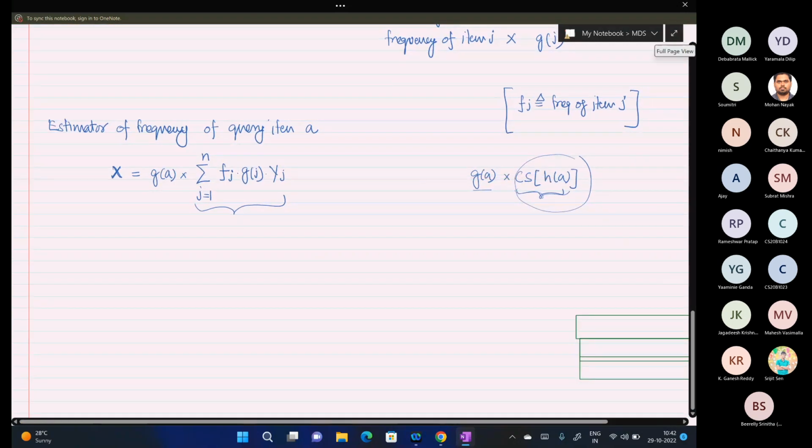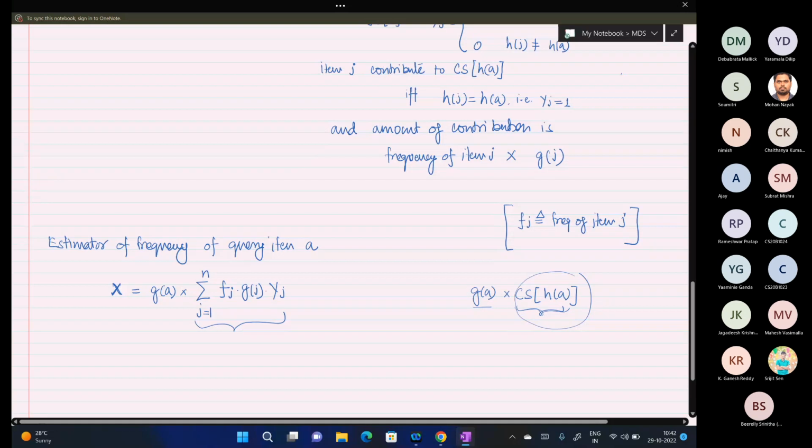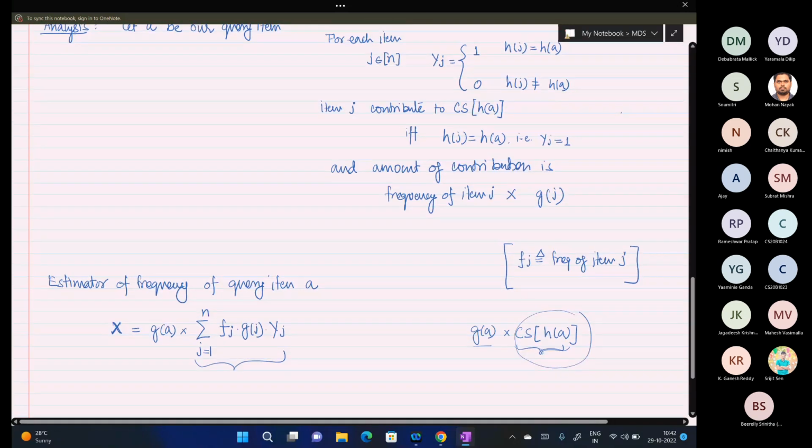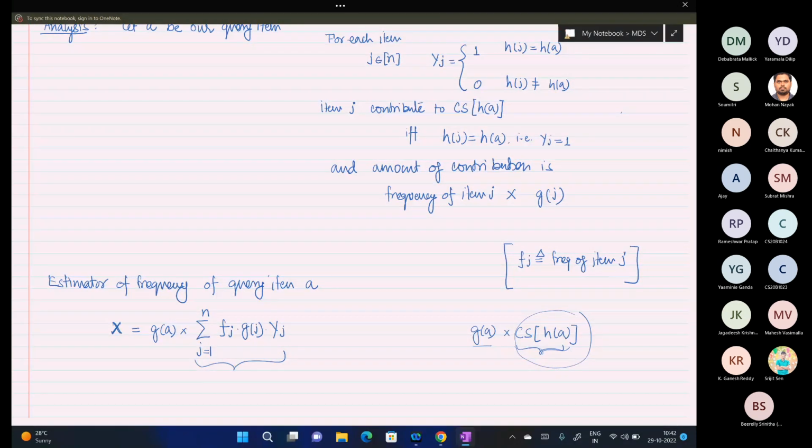Can you please explain it once again? I did not understand why yj is coming into it. Okay, so basically, what are the values that are there in CS of HA? Of course, the frequency of query item A, and there will be some other elements which mapped in the same bucket in which A has been mapped, right?